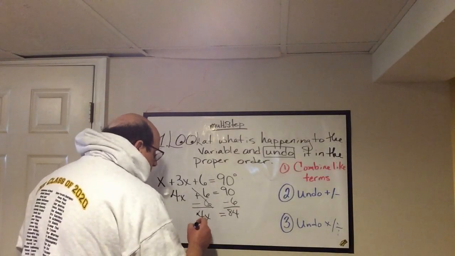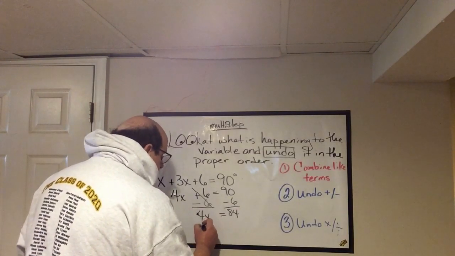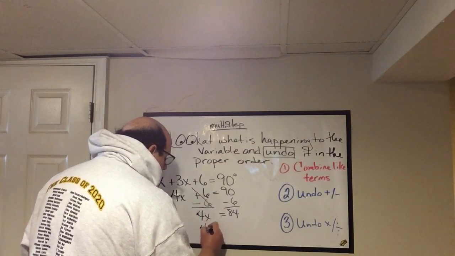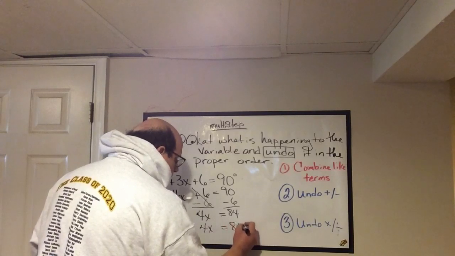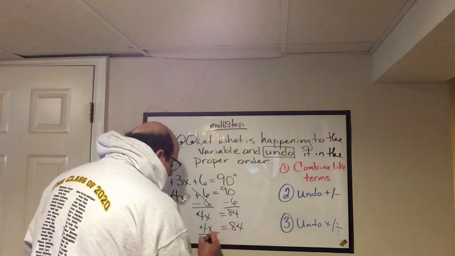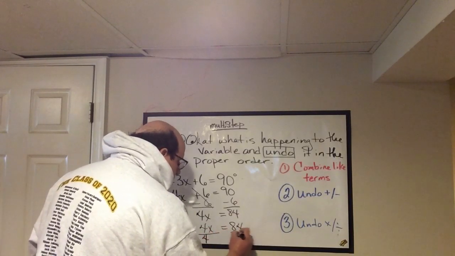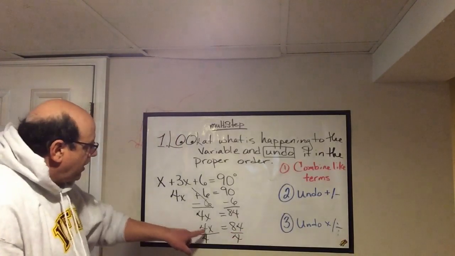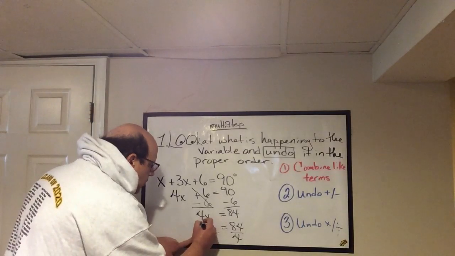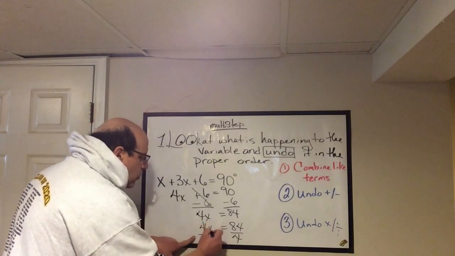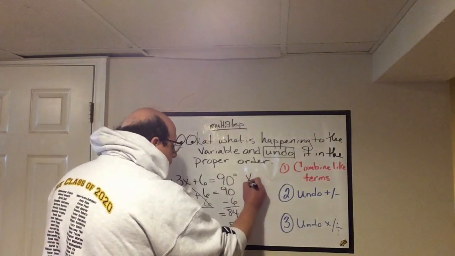I'm going to rewrite here, and I'll write my answer up on top. And then my next step is to undo that multiplication like I've done before. I've used division. 4 divided by 4 is 1, so I have 1x left over, and I'm going to write it up here.